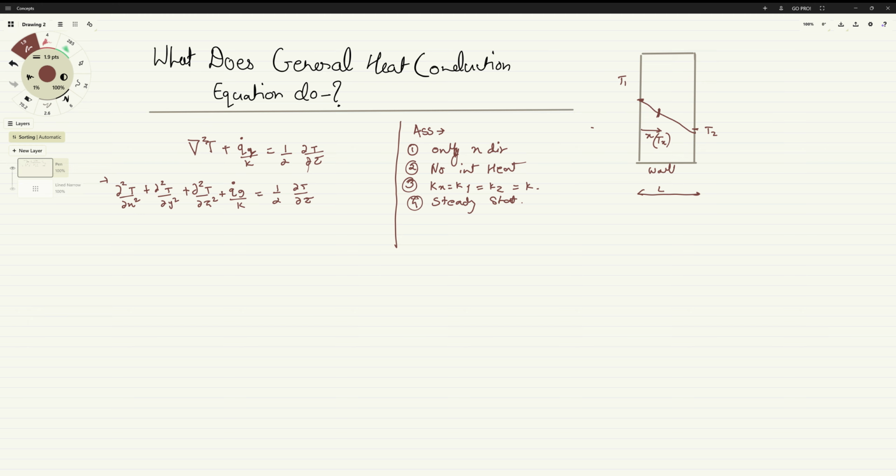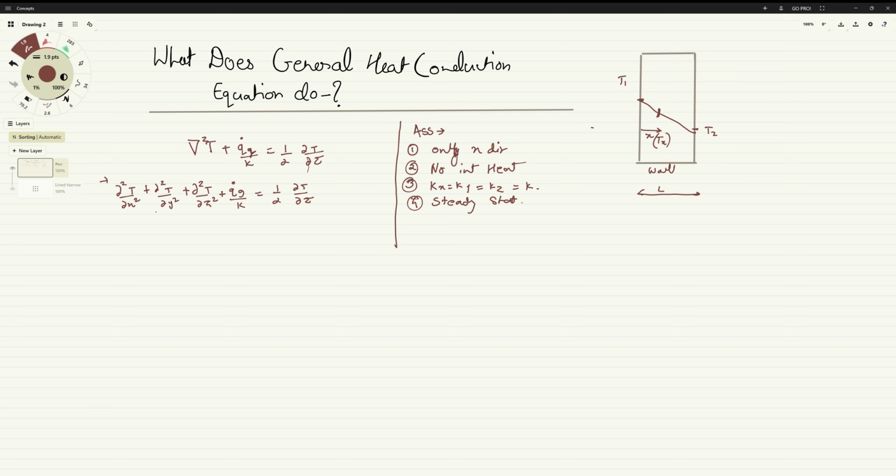We would have to solve this huge equation just to get the answers in this case. But when we apply these four assumptions, the first is that changes happen only in the x direction.